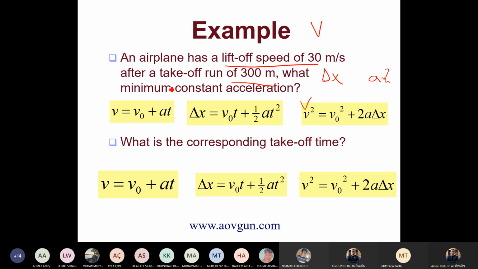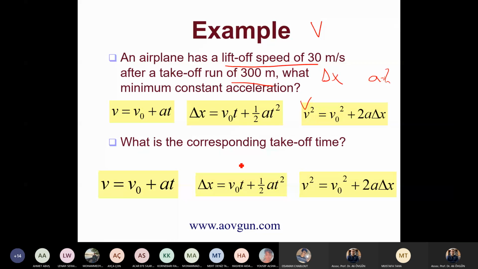And they said minimum, so you can take the initial velocity as 0 and the final velocity as 30 meters per second, so the only unknown is a, and you can solve it. Now for part b, what is the corresponding takeoff time?